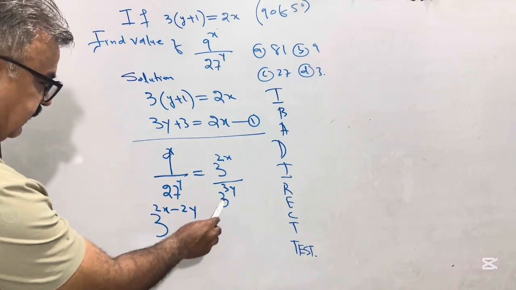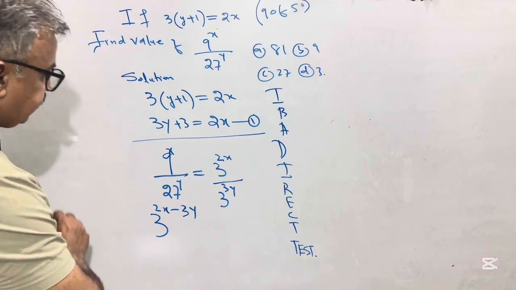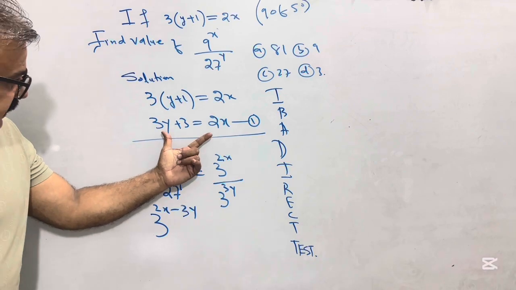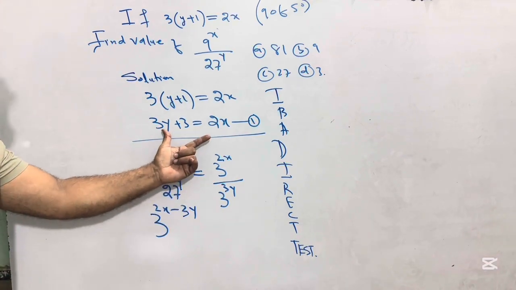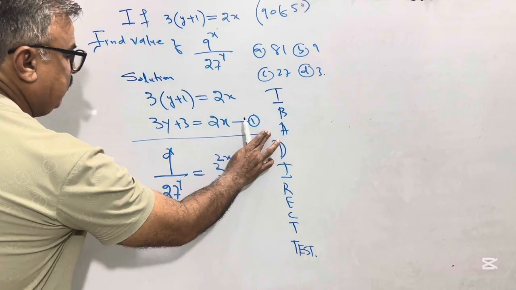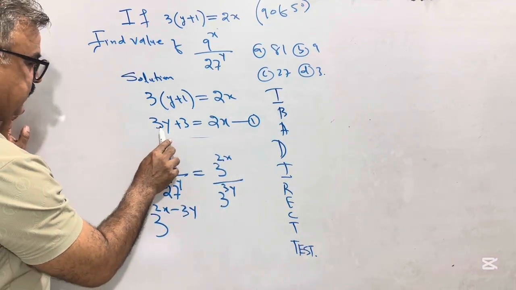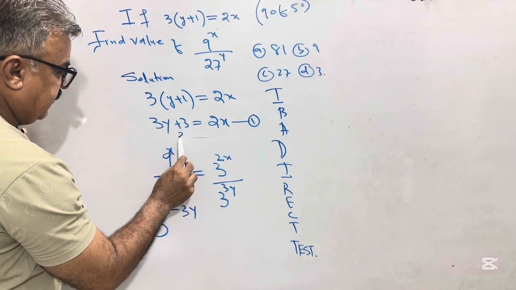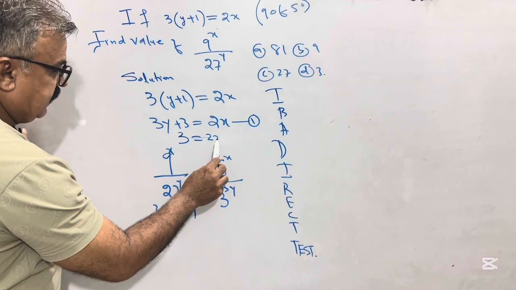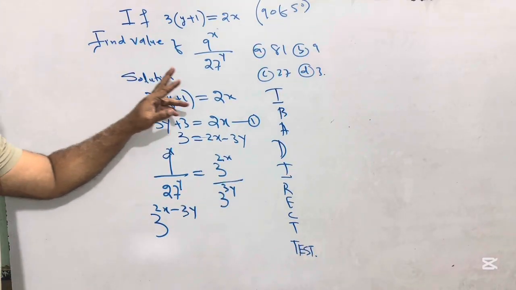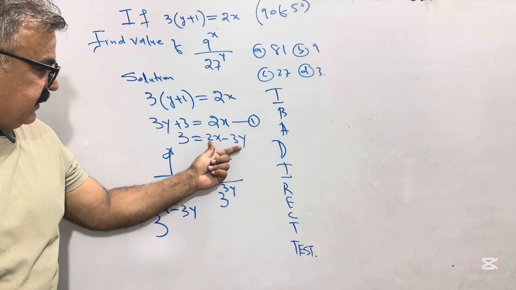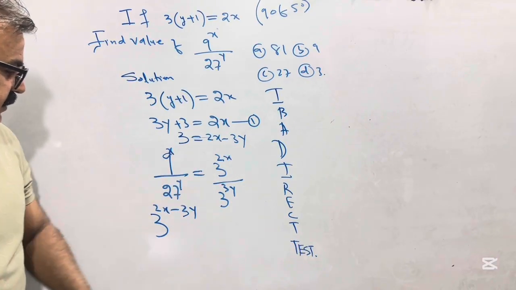2x minus 3y there is, sorry. 2x minus 3y. So we can easily obtain the value of 2x minus 3y from here. Just shift 3y over there. So I have 3 is equal to 2x minus 3y. I have shifted 3y over there. 2x minus 3y is equal to 3.